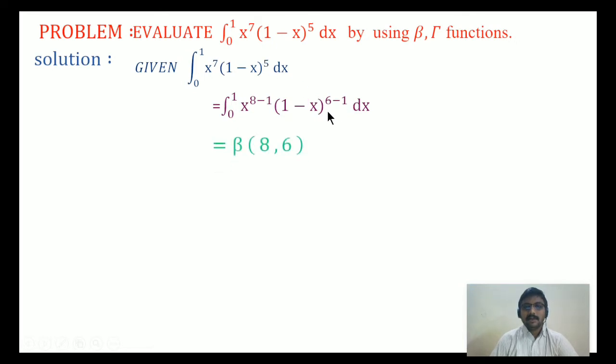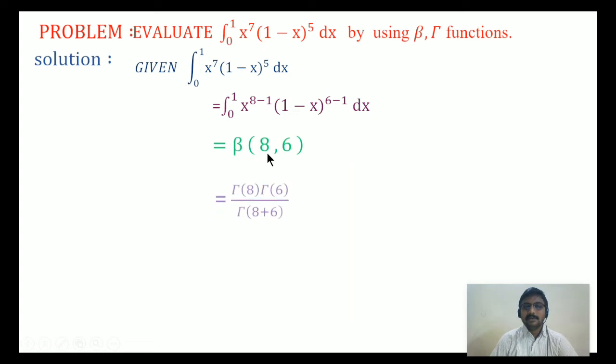So we have the beta function definition, that is the integral from 0 to 1 of x power m minus 1, 1 minus x whole power n minus 1 dx, so that here m is 8 and n is 6. So it is equal to beta of m comma n, that is beta of 8 comma 6.